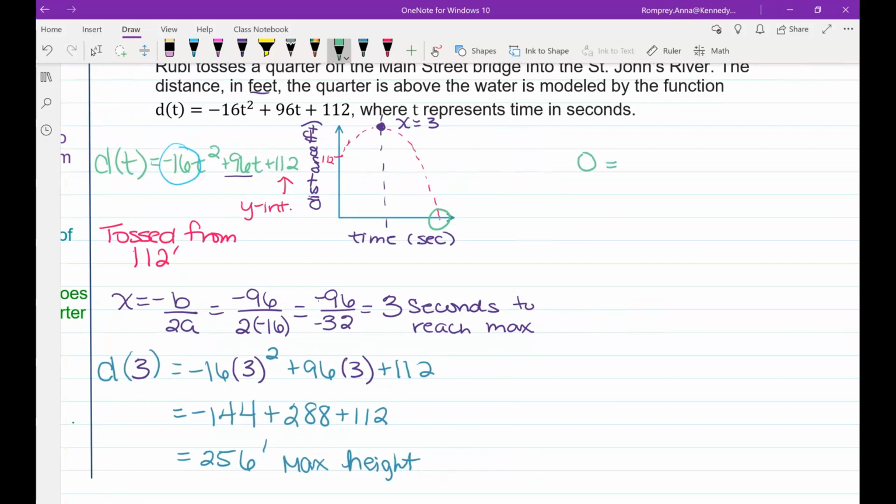So that is why we are always setting this equal to 0. We want to know how long it takes to hit the ground, or in this case, it's off a bridge, so I'm thinking go in the water. That's why we set it equal to 0. We want to know when the y is 0.